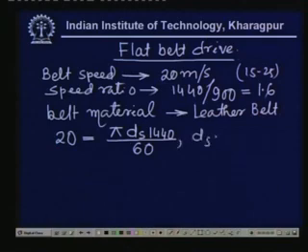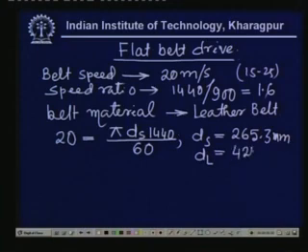Once again, as I am telling you every time, please have a check on the calculations I am doing here. So this comes out to be 265.3 mm. In a similar manner, you can find the diameter of the larger pulley, and that comes out to be around 424.5 mm.